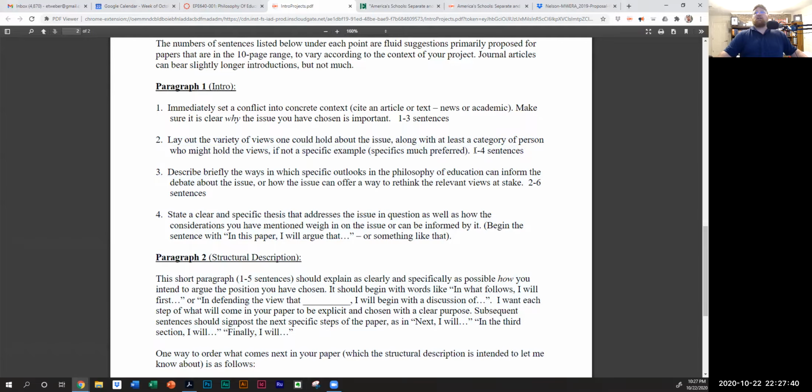And anyway, lay out the different views people hold about these sorts of things in 1 to 4 sentences. I remember thinking about violent video games, and this had to do with young kids and early childhood education issues. Both Hillary Clinton and Senator McCain at the time, he's passed now, a Democrat and a Republican, had argued against certain violent video game permissions, that we shouldn't be allowing certain sorts of things in violent video games.